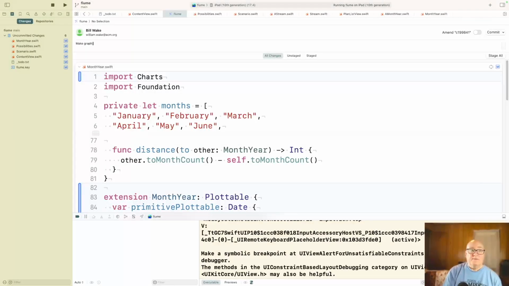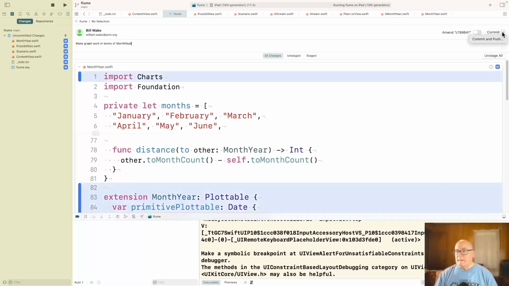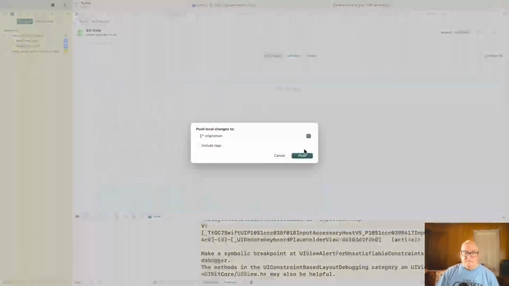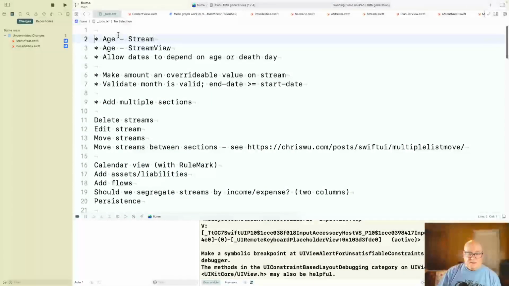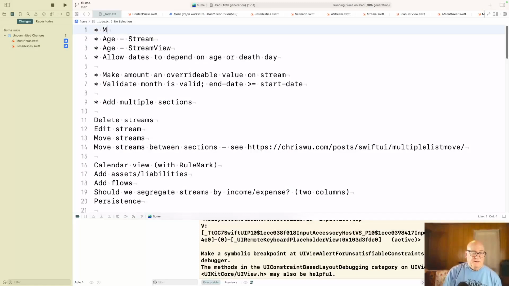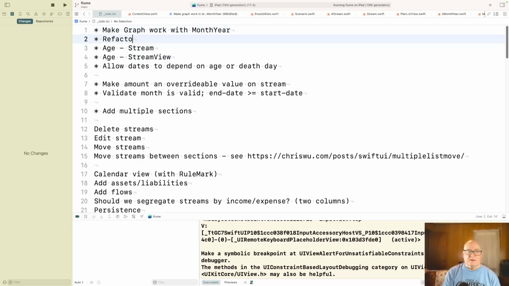Make graph work in terms of month year. I don't know what I said on my stream. Okay, this is really make graph work with month year. Age stream view. And then I think we need to refactor the range of the graph.